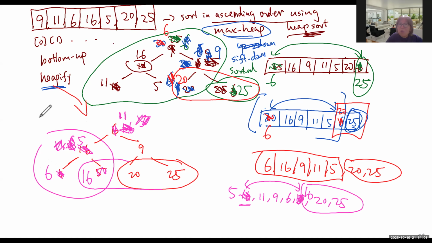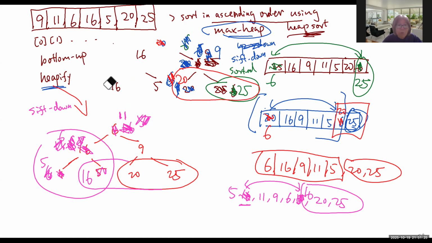And then after we move 5 down, we need to do the sift down. Okay. And then we see we need to swap 5 and 6. So the new tree now changes to, we can remove this part, too messy.